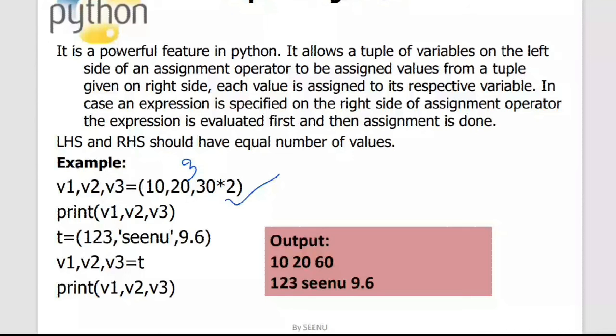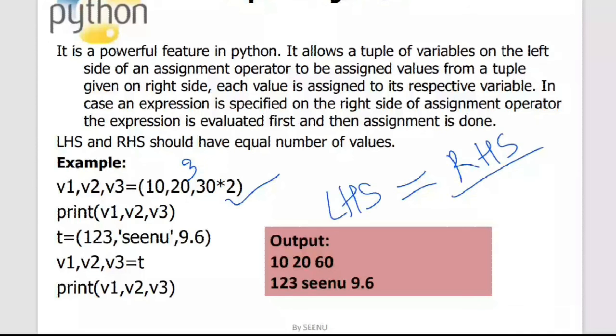So I can give multiple literals on the right side and the same number of variables on the left side. One after the other, the variables will be assigned the literals I mentioned on the right hand side. I have given 10, 20, and for more understanding, 30 into 2, meaning I can also give an expression and assign it to a variable.